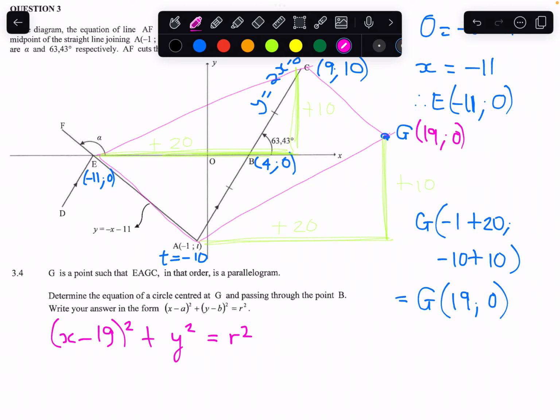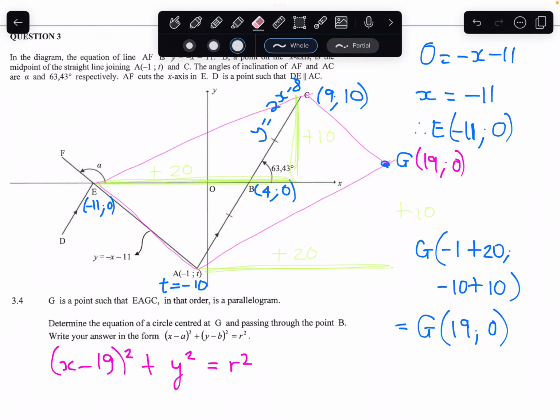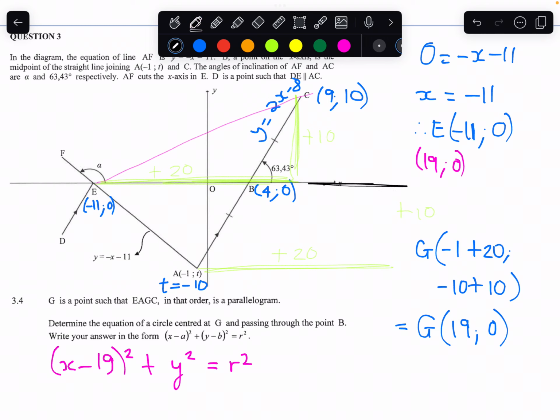Okay, we don't know the length of the radius. We are told that the circle passes through the point B. So in fact, I'm just going to quickly adjust my diagram to fit expectations. So if we just extend our x-axis a bit, our G is maybe somewhere here, right?